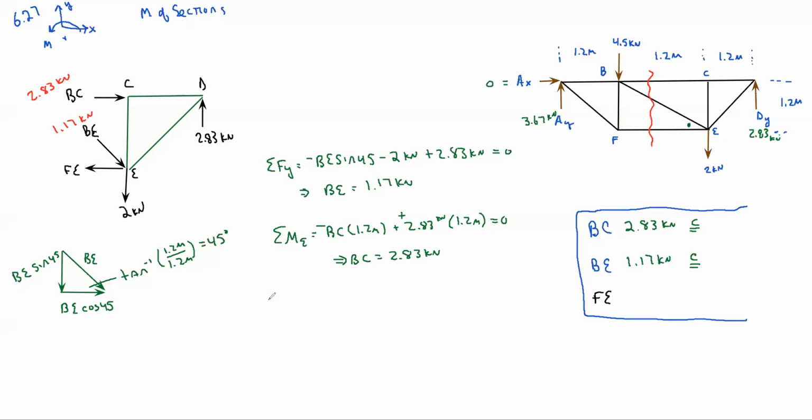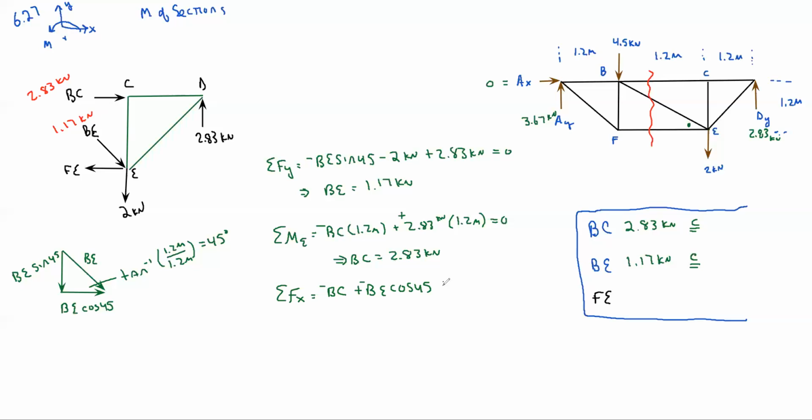All right. I think we have everything we need now for summation of forces in the x direction. So BC is in the x direction. BE cosine 45 is in the x direction. That's a negative, so is BC.